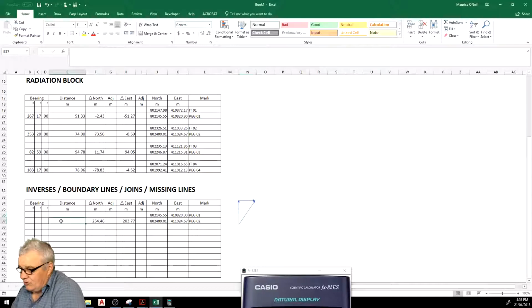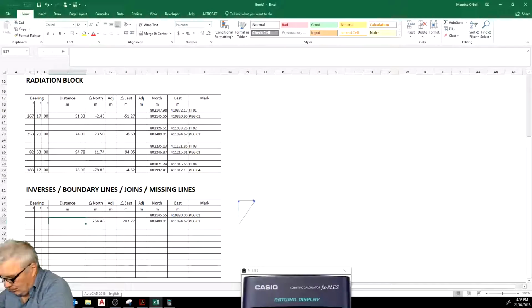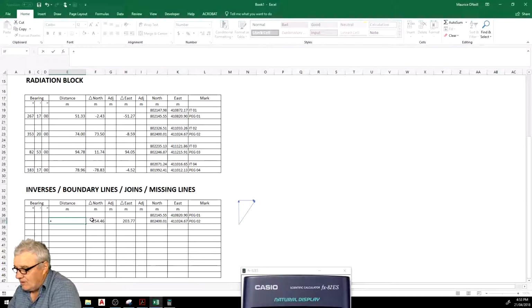So let's do the distance first. We don't need to worry about rounding in this case because this is the answer. First of all, I'll square both of them, plus that raised to the power of 2, plus that raised to the power of 2.